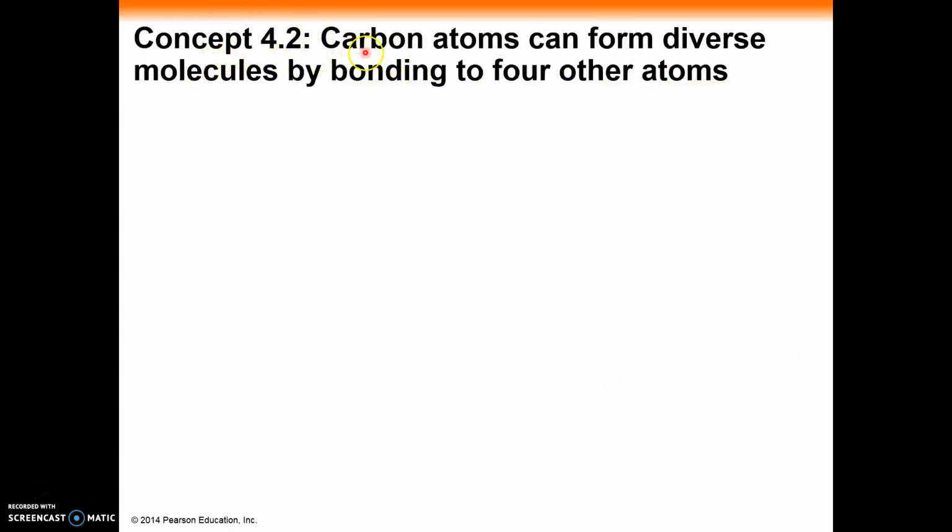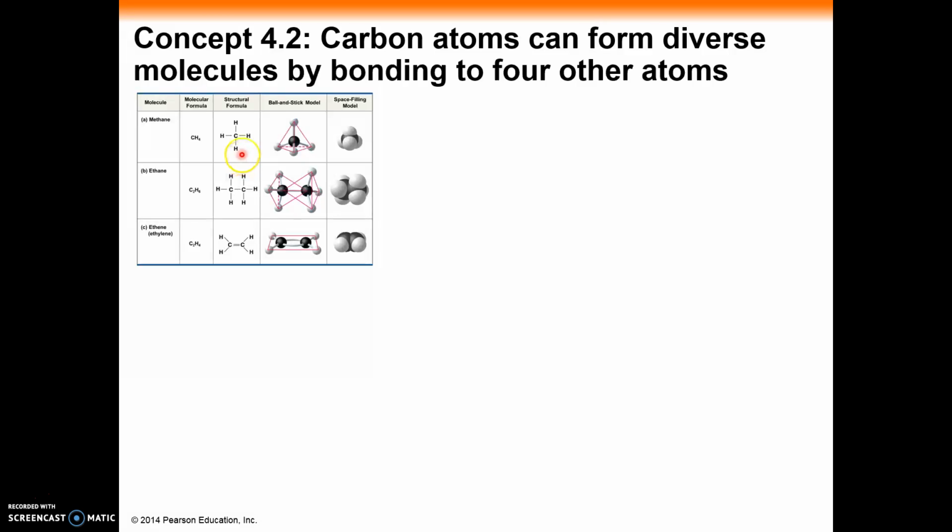So, concept 4.2, carbon atoms can form diverse molecules by binding to 4 other atoms. We talked about how this arrangement is in a tetrahedral structure. If you have 2 carbons, you have 2 tetrahedral structures. They would slightly rotate around that carbon-carbon bond to not interfere with each other.